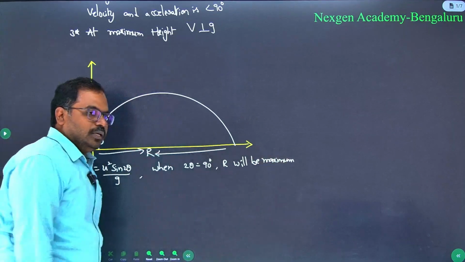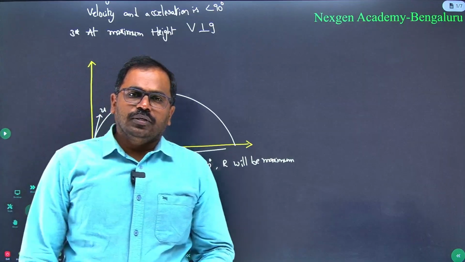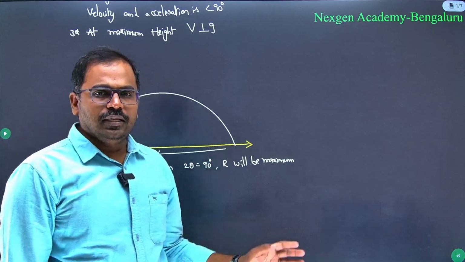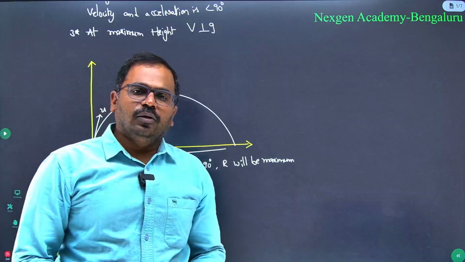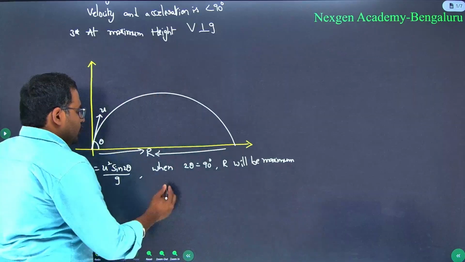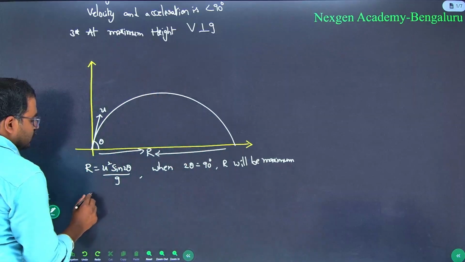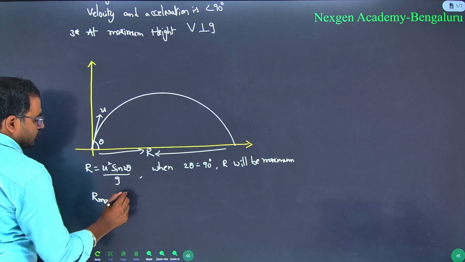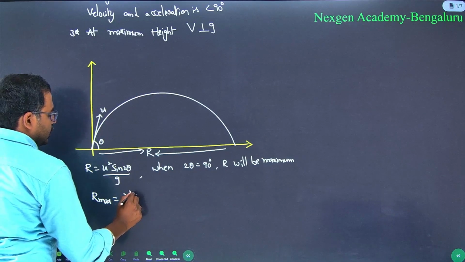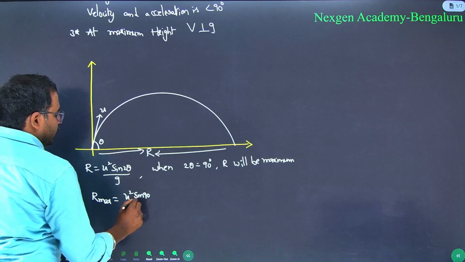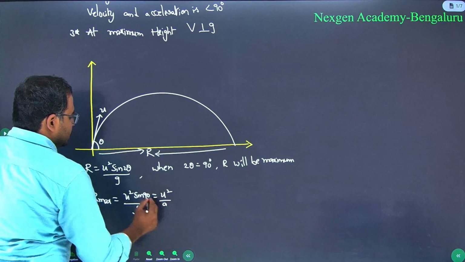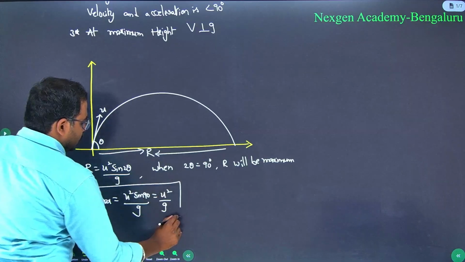Sine 90 equals 1. So R max is equal to u square sine 90 by g, which is u square by g. This is a very important conclusion while solving questions.